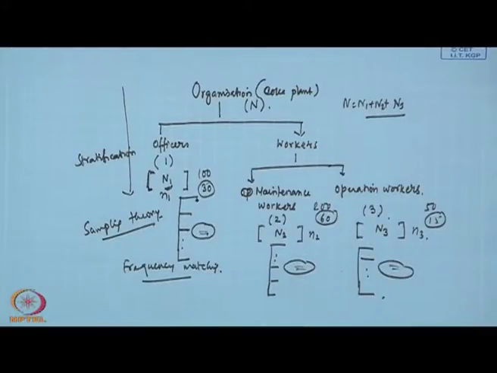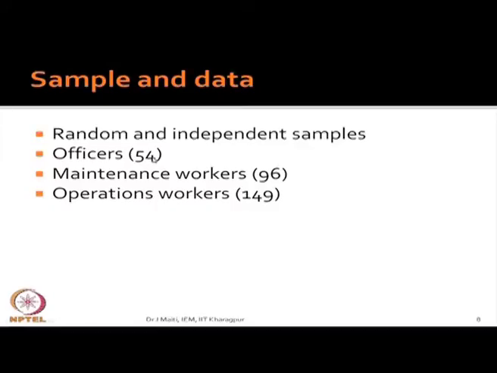Okay. So, doing such calculations, we found out that among officers we require 54, maintenance workers 96 and operations workers 146, because the number of operations workers is more than maintenance workers, and officers are much fewer.